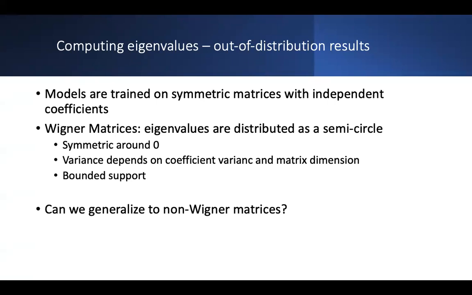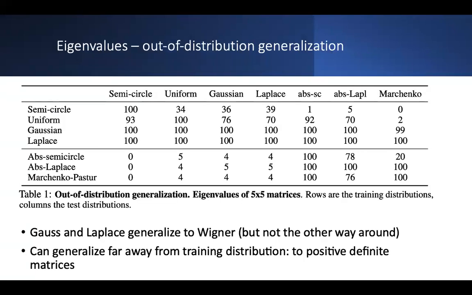So when I say I'm learning the eigenvalues of matrices, am I learning the eigenvalues of all matrices or just Wigner matrices? So in order to test that, I tried to generate different training and test sets. So the columns are the test sets and the lines are the training sets. And so first line, first column is the semicircle, so it's Wigner matrices.